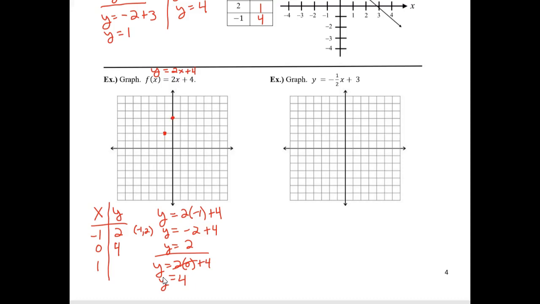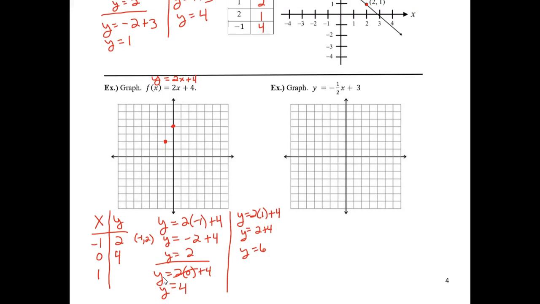And then lastly, I chose 1, so I'm going to let x be 1. 2 times a positive 1 plus 4 will give me 2 plus 4, which is 6. So now I plot that point. I go over 1, up 6.